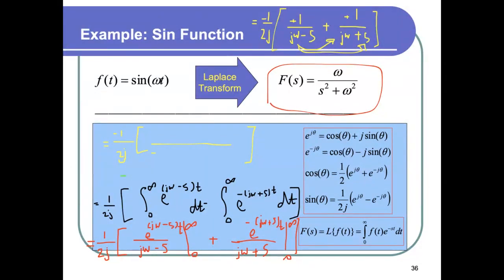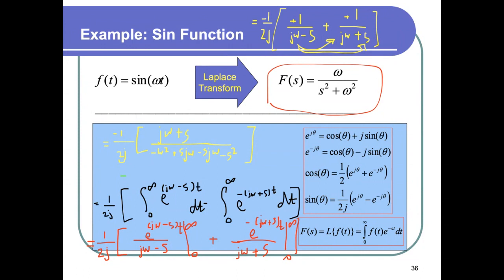So we have minus omega squared plus s j omega. Then we have minus s j omega minus s squared, right? Here for this guy, we will have j omega plus s.